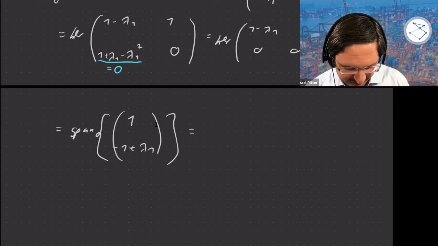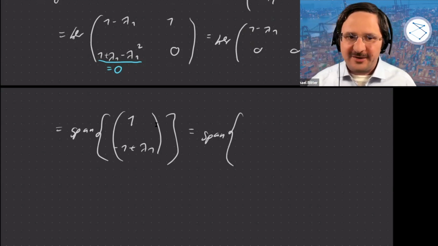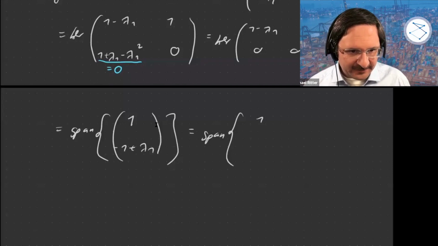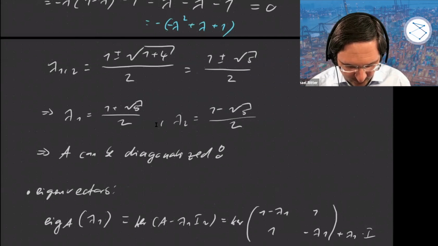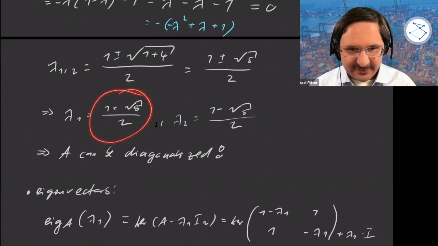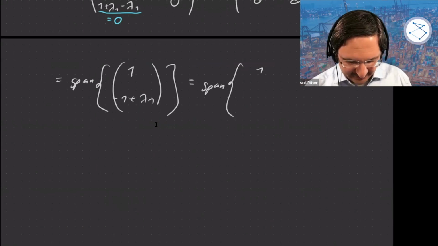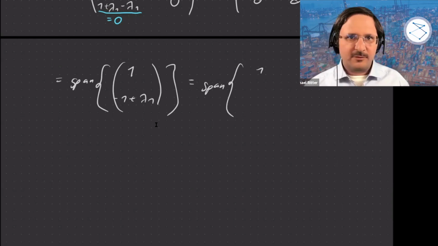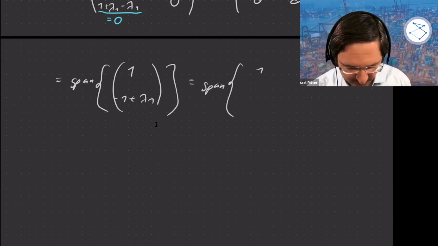So that's the span I'm getting here. Or in other words, let's finally substitute the correct value for lambda 1, so we get actual numbers here. I need to do 1. And if I substitute lambda 1, remember that was 1 plus square root of 5 over 2. Basically, I have lambda 1 minus 1 here. So what I get is, instead of 1/2 plus square root of 5 halves, minus 1 over 2 plus square root of 5 over 2.